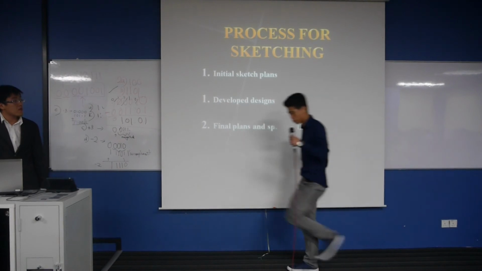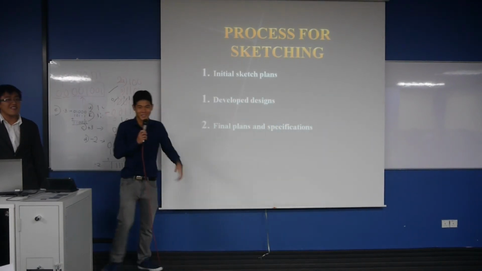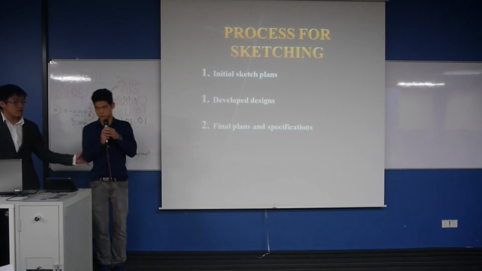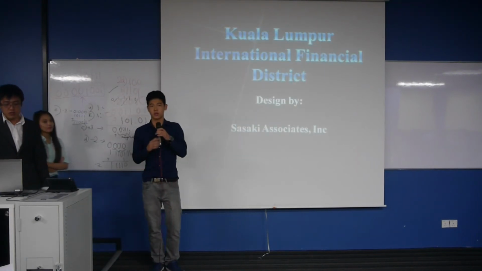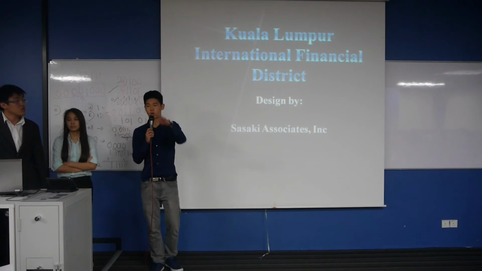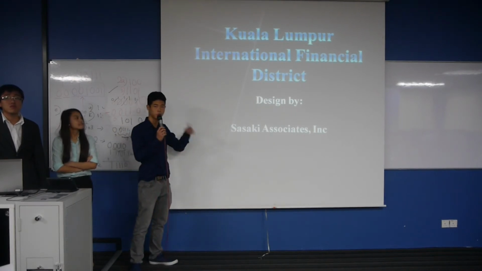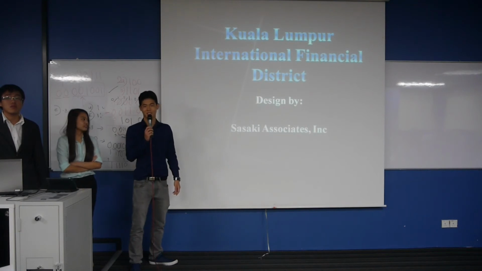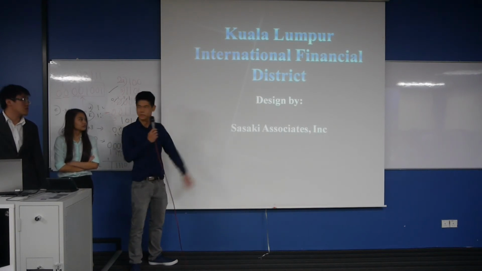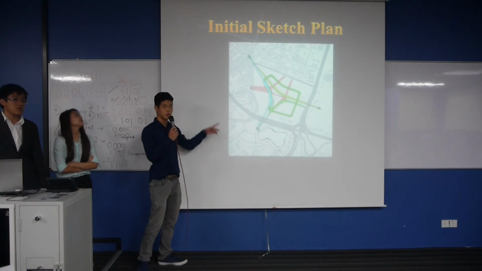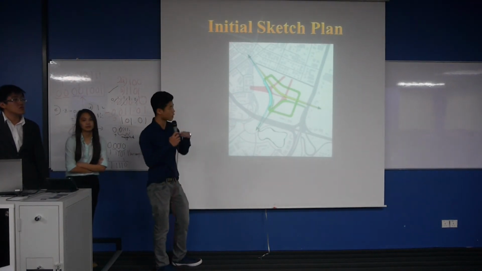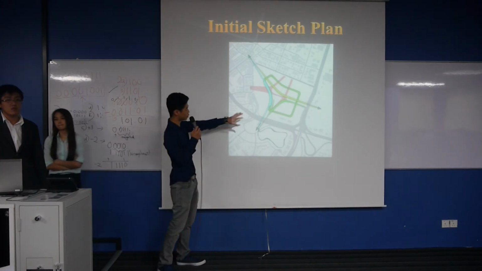I'm going to explain the process for sketching: initial sketch plan, developed design, final plan, and specific plan. This one is local, so the designer we are using is Sasaki Associates Inc. Initial sketch plan is basically where they give out ideas and tell the client where they want to put the buildings.